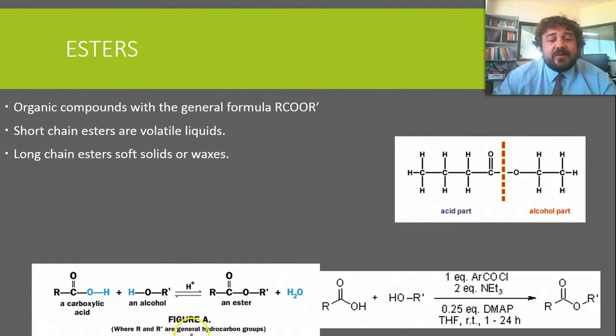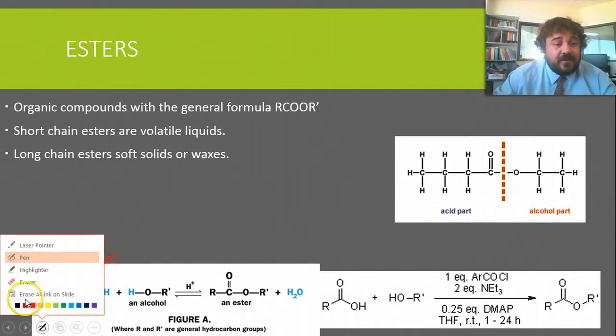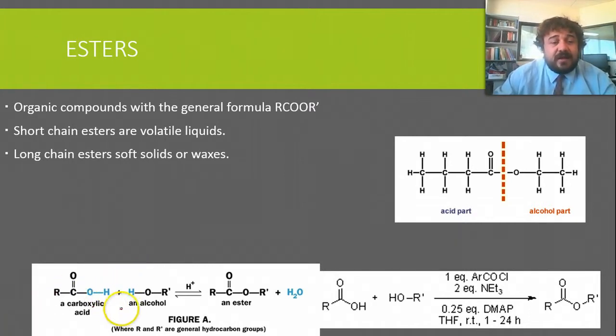Let's have a look at the reaction for esterification. You have a carboxylic acid plus an alcohol, or an alkanol, in the presence of a strong acid, hydrogen ions. That's a catalyst.